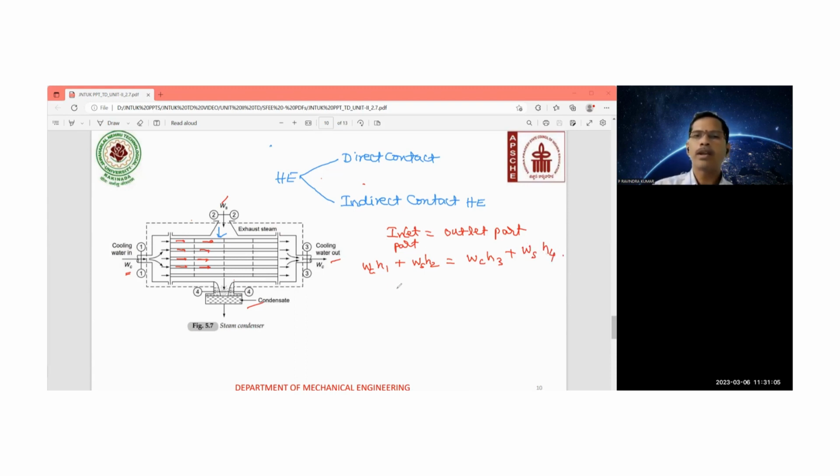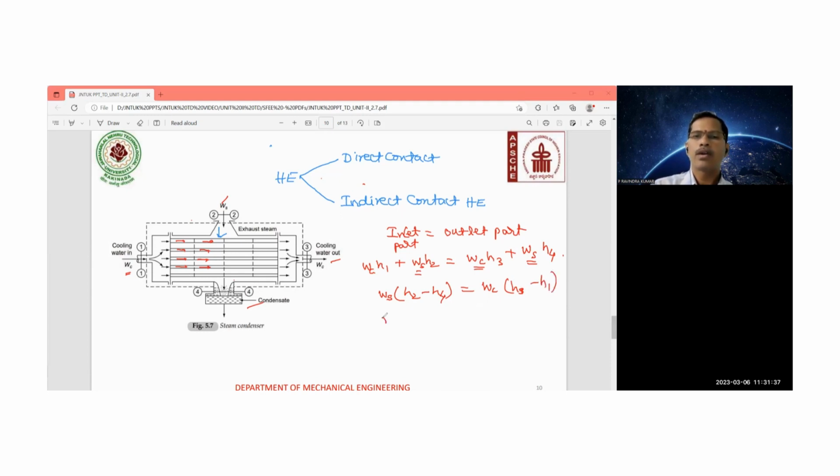So separating the steam terms and the cooling water flow terms: the steam flow rate times (H2 minus H4) is equal to the cooling water flow rate times (H3 minus H1).